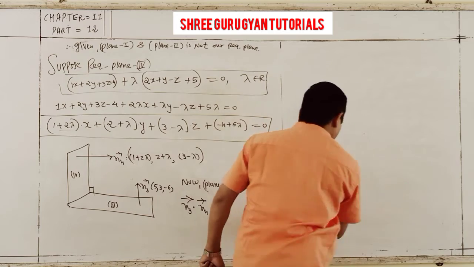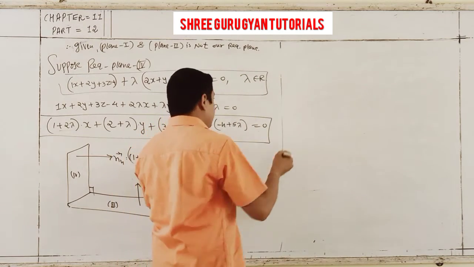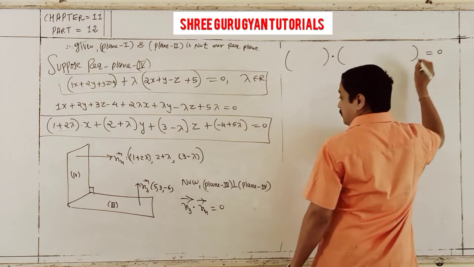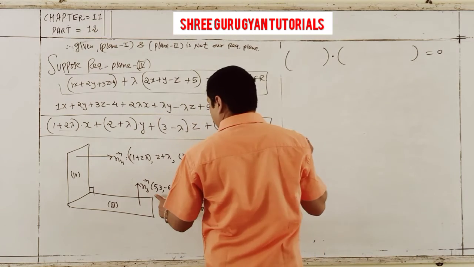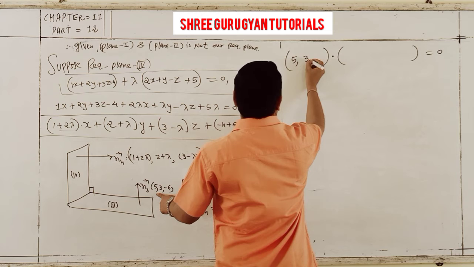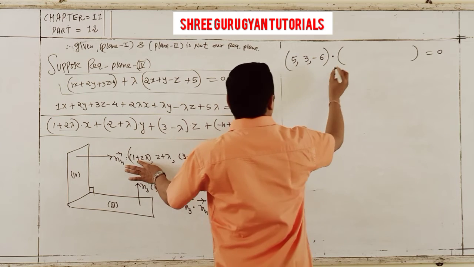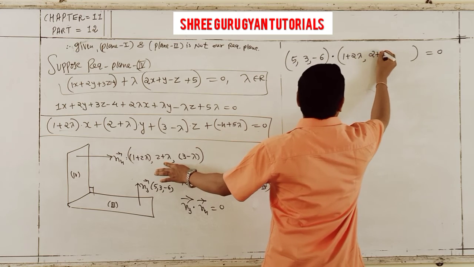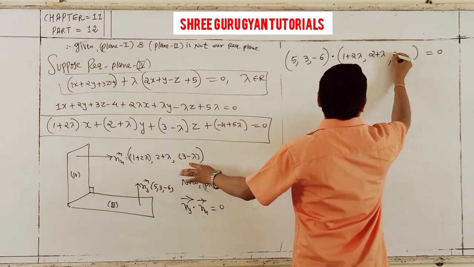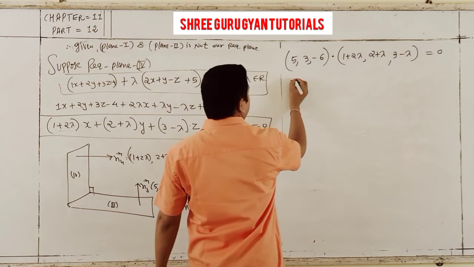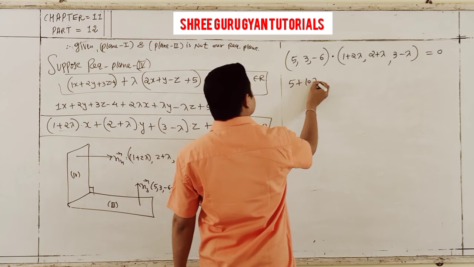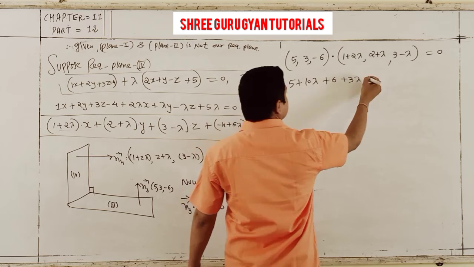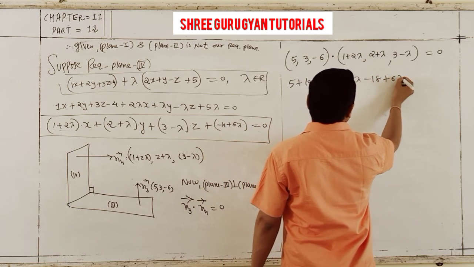So you just apply on the value wise N3 dot N4. My N3 is this value (5, 3, minus 6), and here (1 plus 2 lambda, 2 plus lambda, 3 minus lambda), and the dot product: 5 1s are 5, 5 2s are 10, 3 2s are 6, 3 lambda, and last 6 3s are 18 plus 6 lambda.